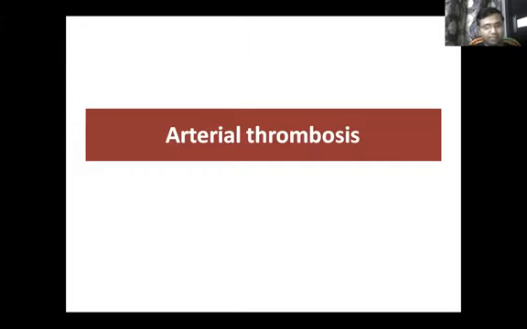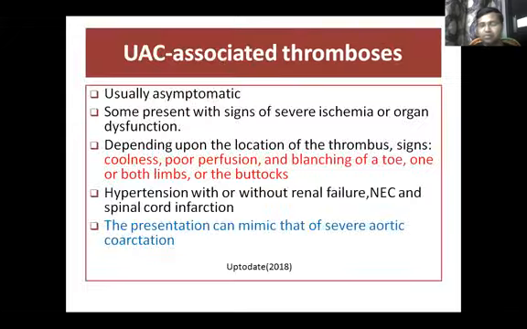Okay, I finished with the venous; now coming to the arterial. Arterial, yes, UAC, now because too many premature babies are being admitted, and again whenever babies with BPH are admitted, they definitely require an umbilical artery catheter for monitoring the BP or ABG. So the most important thing in UAC-related thrombosis is that it may be asymptomatic.